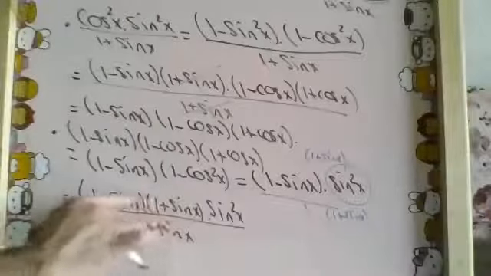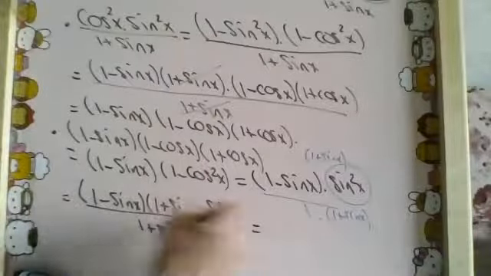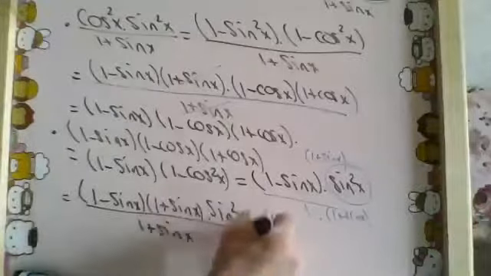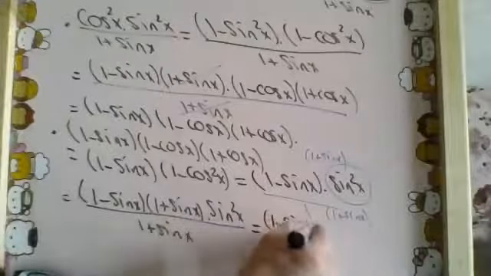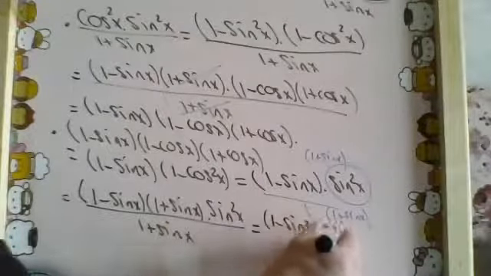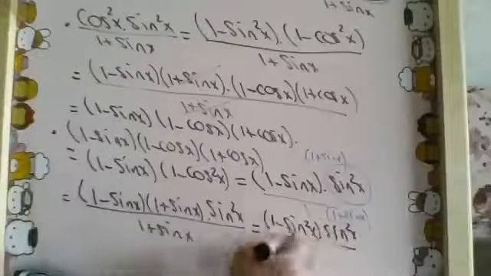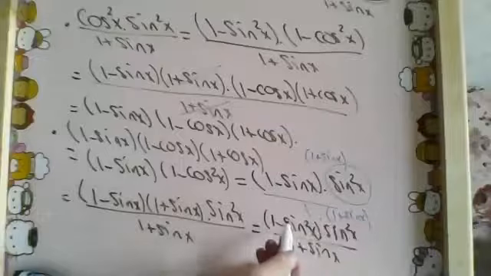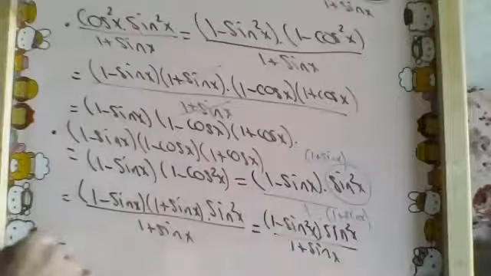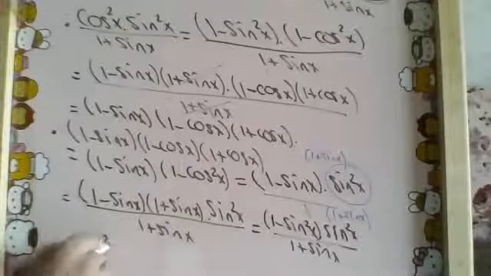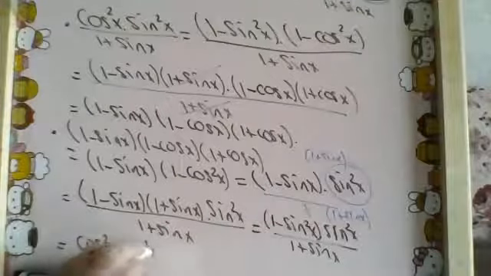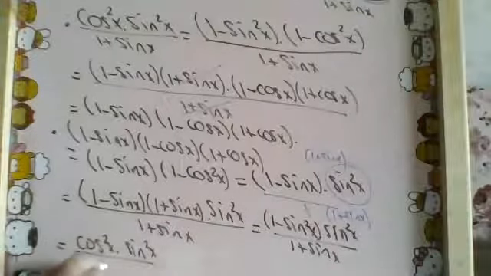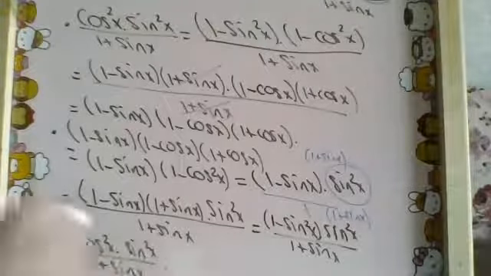This is an identity, so it is equal to 1 minus sine squared x, which is cosine squared, times sine squared x over 1 plus sine x. So it is equal to cosine squared x times sine squared x over 1 plus sine x.